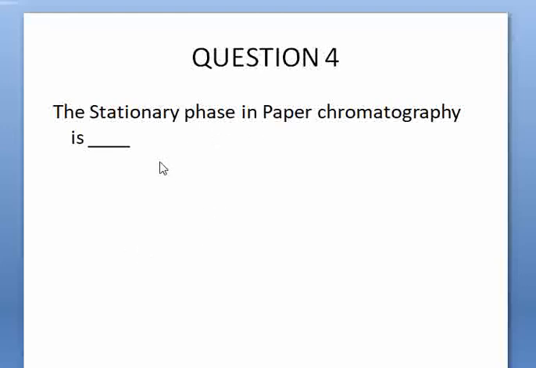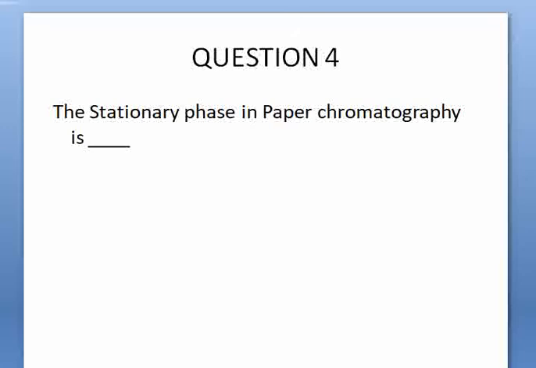The liquid or the solvent we are using is the stationary phase, but in most of the books they have given it as the paper. The paper which is used is the stationary phase, and the solvent we are using is the mobile phase.